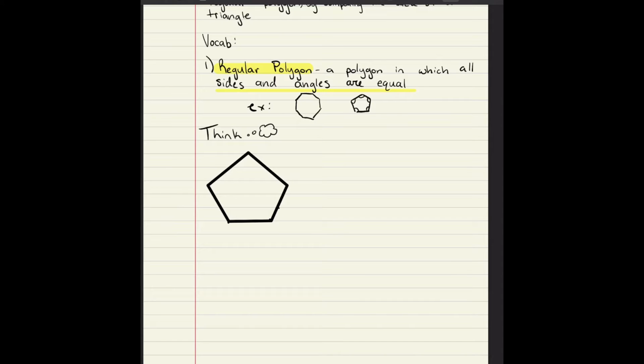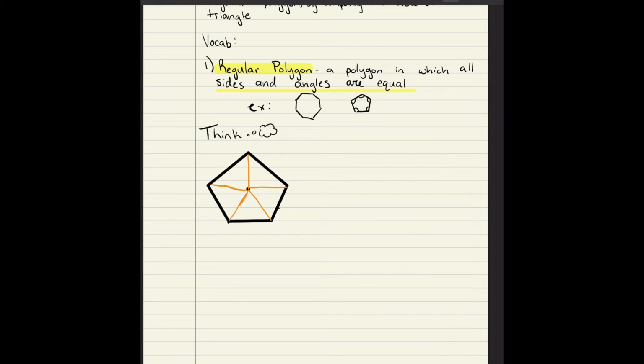And inside this polygon, I can draw another shape. I can draw several different shapes. But what I really care about is connecting all the shapes to the middle. So if I do that, I can draw here's a triangle, another triangle, another triangle, and another triangle.